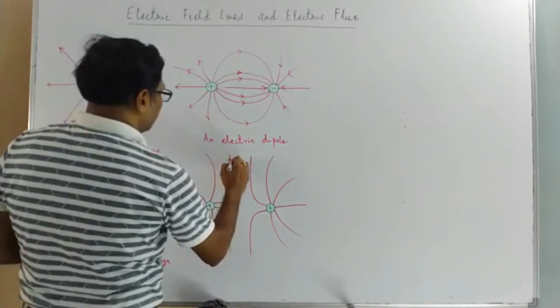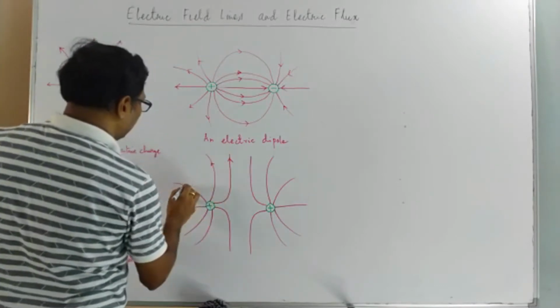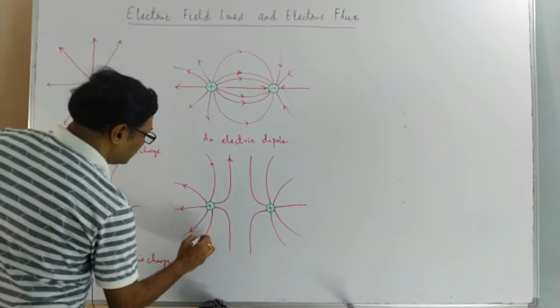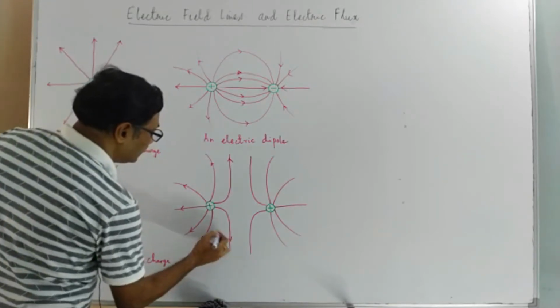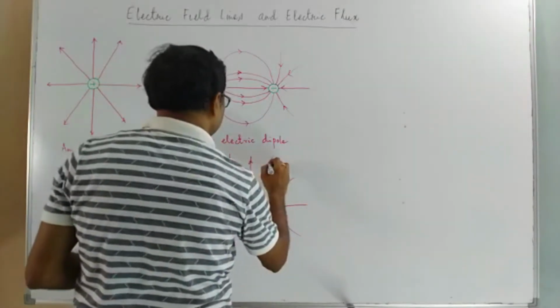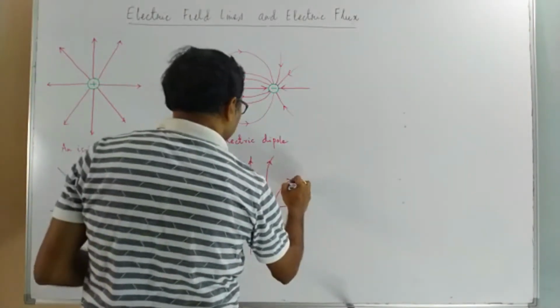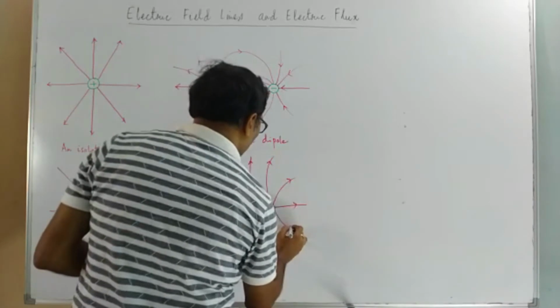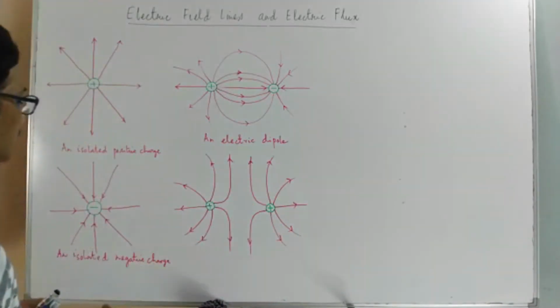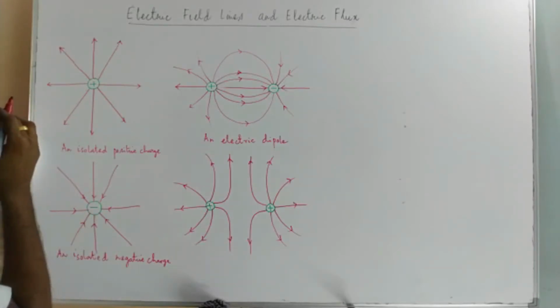From positive charge, electric lines of force are in the outward direction. So you can see that all lines of force are directed outward.